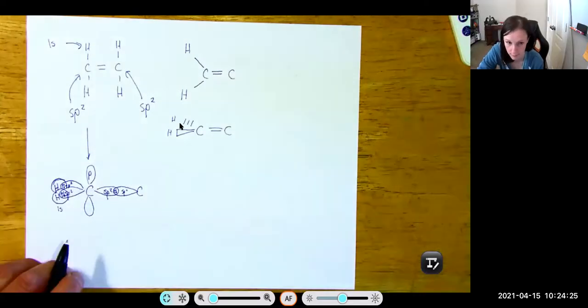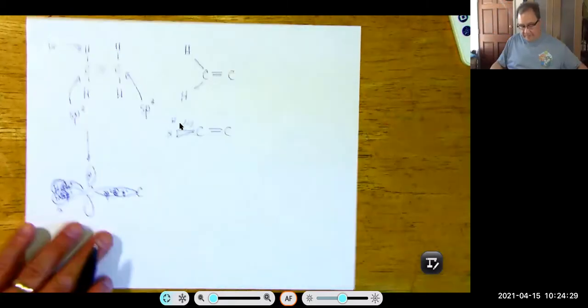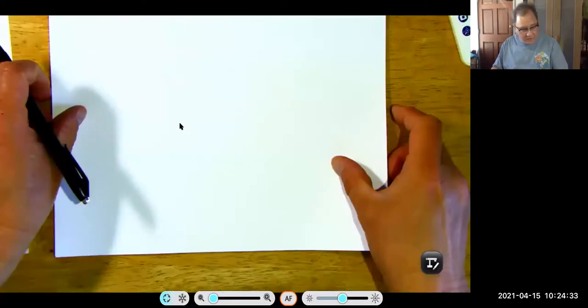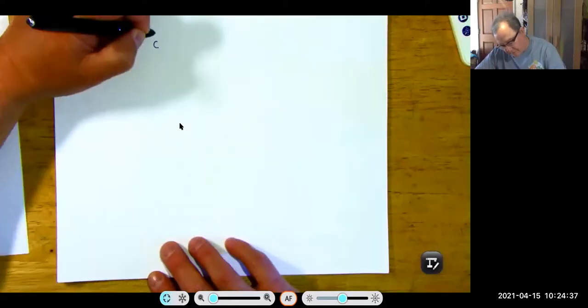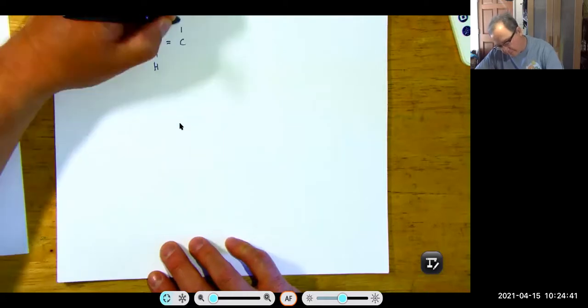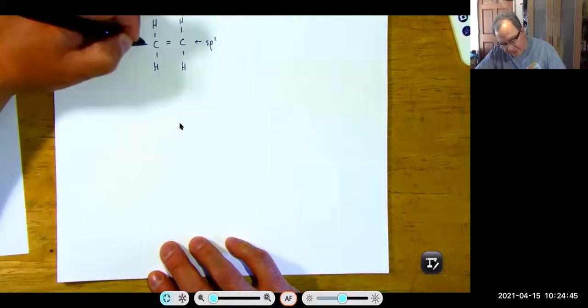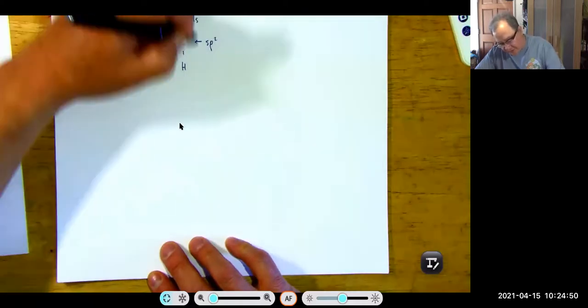I'm going to redraw this very quickly. So this is from the Lewis structure. Where this is sp2, this is sp2, this is sp, 1s, 1s, 1s, 1s.